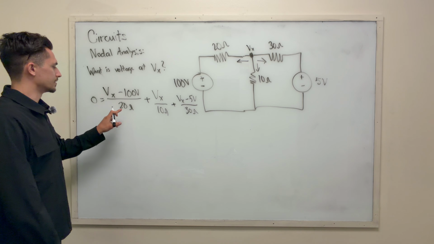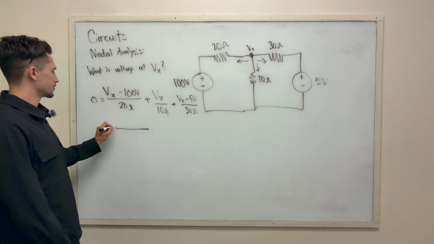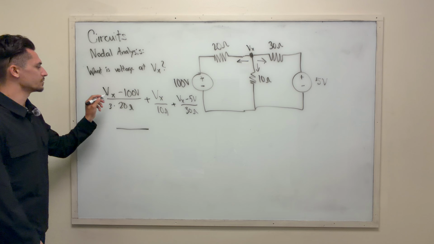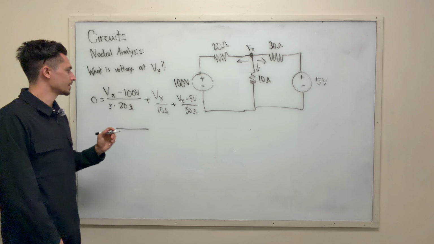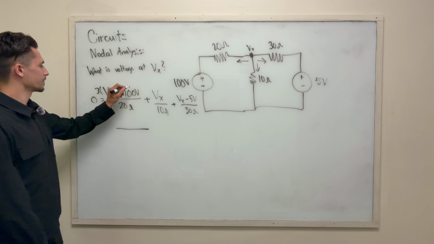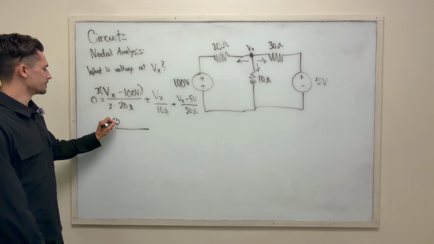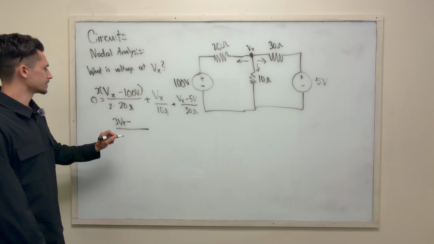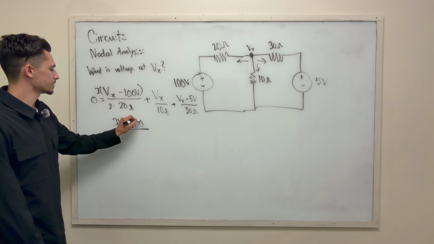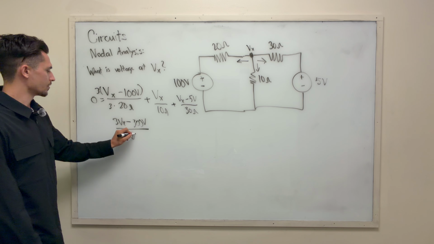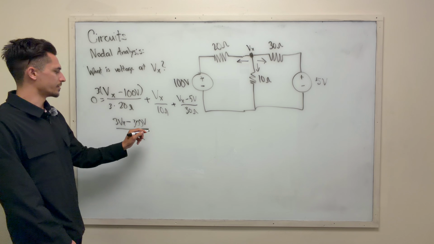If we make the denominator 60 ohms here, I'm multiplying this by 3, which means I have to also multiply the numerator by 3. So we have 3Vx minus 300 volts, and this will be 60 ohms in the denominator.